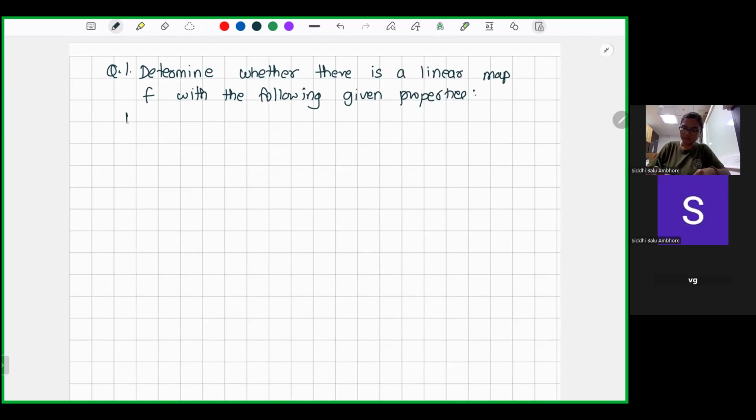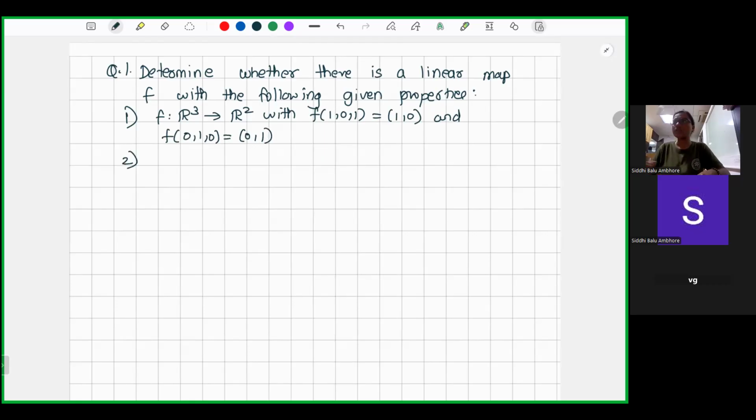The first one is F from R cube to R2 with F of (1, 0, 1) is (1, 0) and F of (0, 1, 0) is (0, 1).